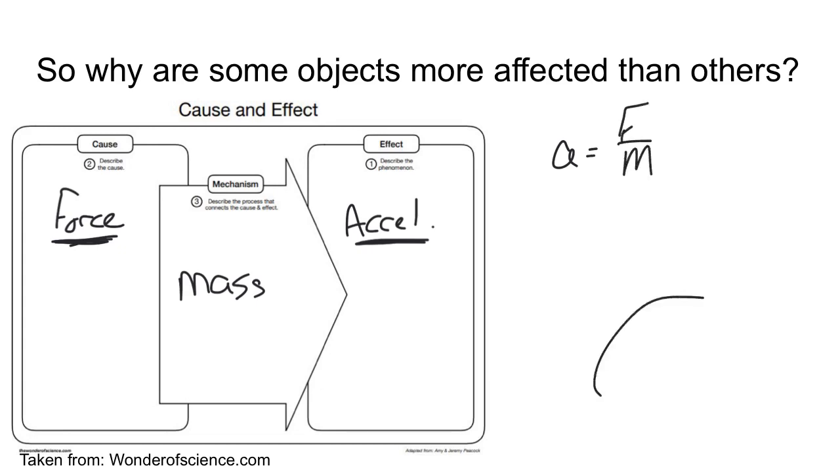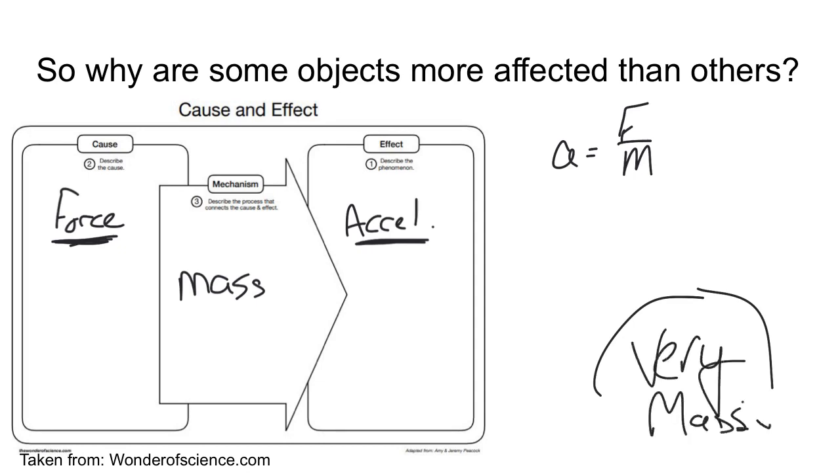So if you have the Earth here, which is very massive, it has a ton of mass. And you have little old me, which is not very massive. I'm going to just go low mass. Which one of us is going to accelerate more from that same amount of force?